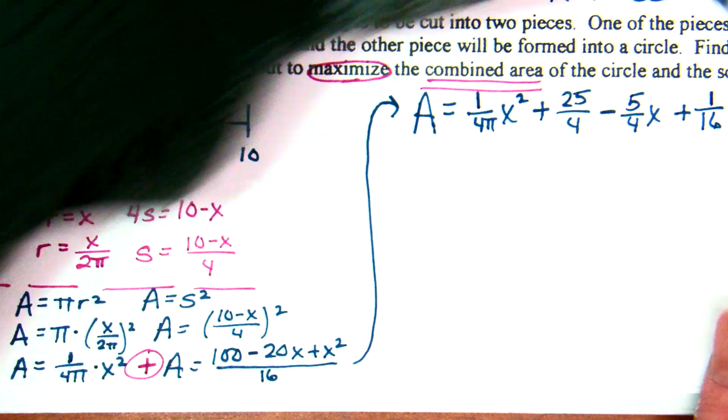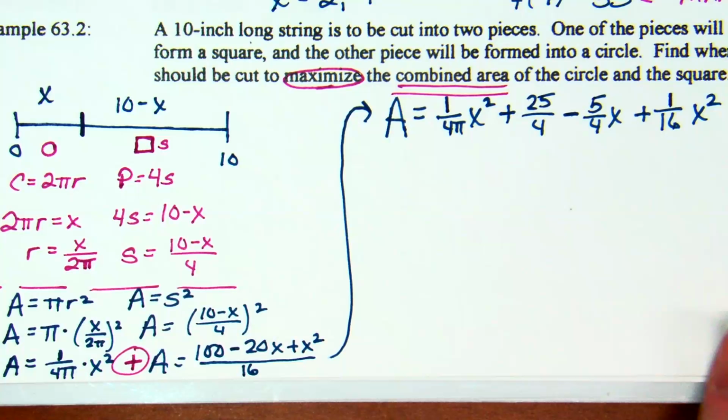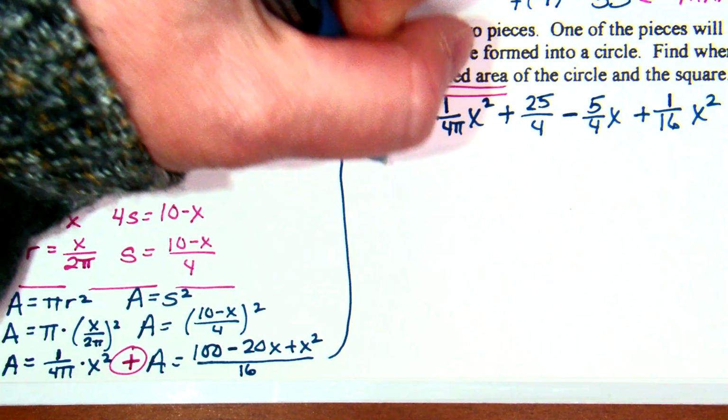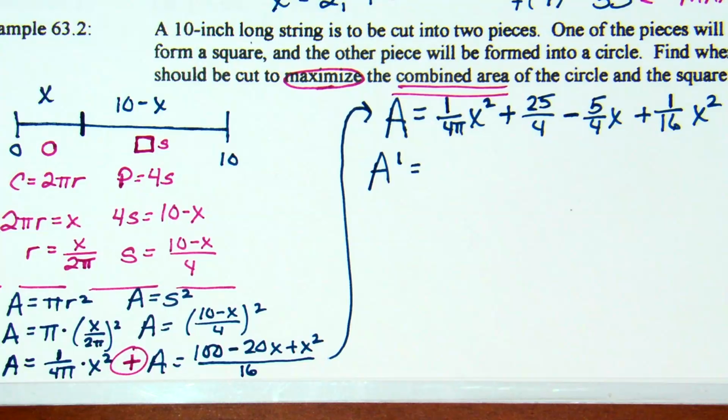Okay. All of that, and my job was to write an equation. I have an equation for the combined area. In order to maximize, we need to take the derivative. So, derivative of 1 over 4 pi x squared: multiply by 2, and then it's 2 over 4 pi, which can reduce to 1 over 2 pi times x to the first.